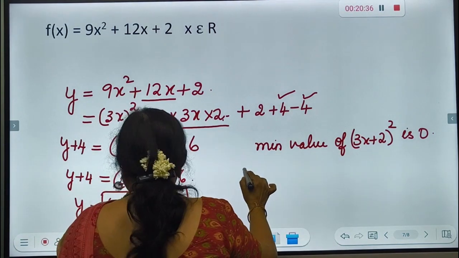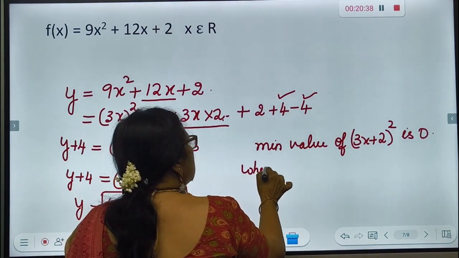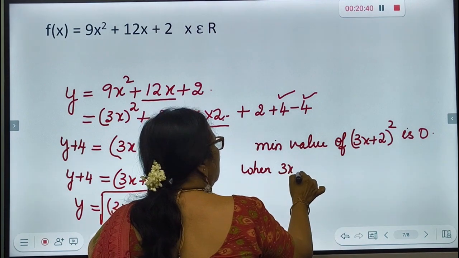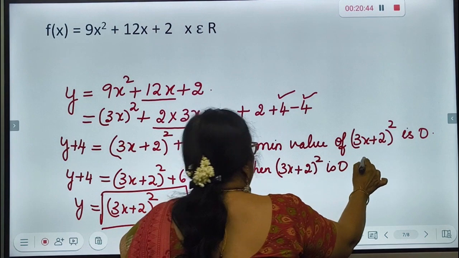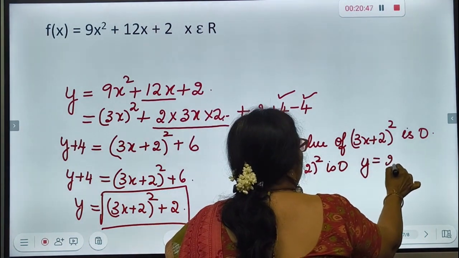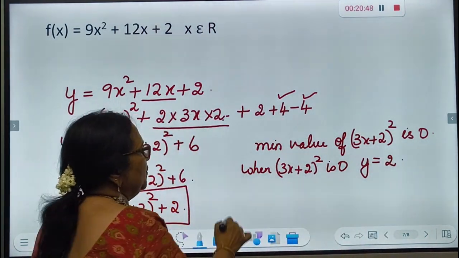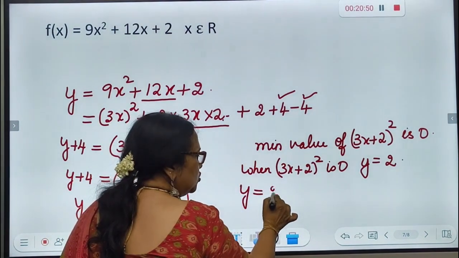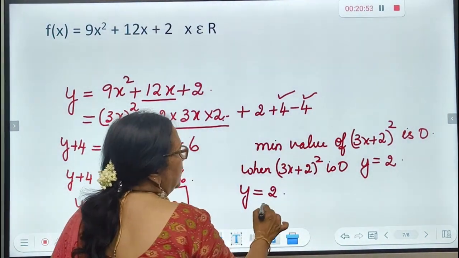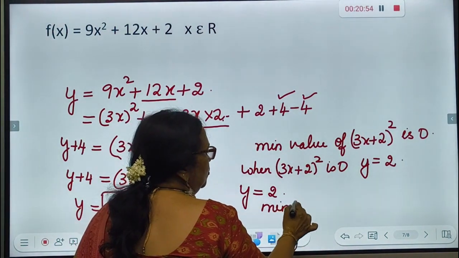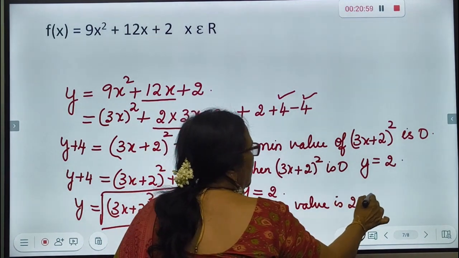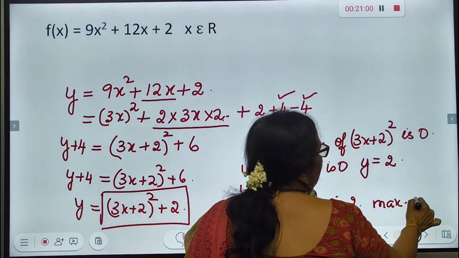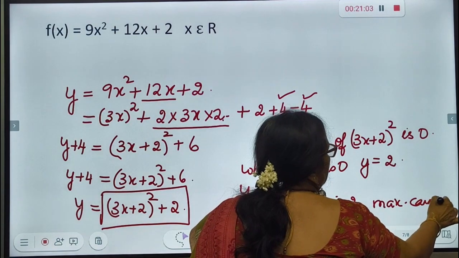So when it is 0, y will be 2. So the minimum value is 2. Maximum cannot be determined.